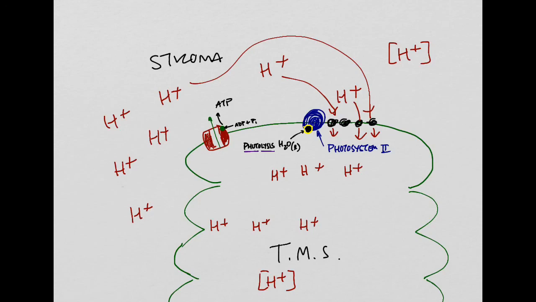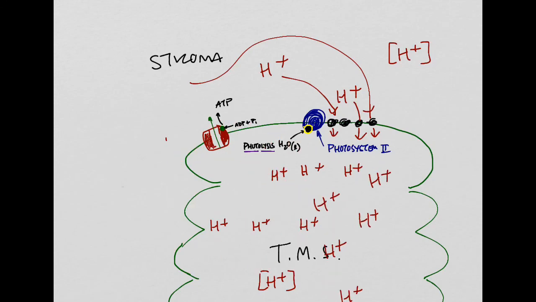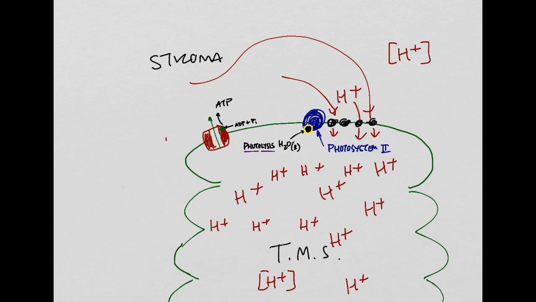So we take all the protons that were hanging out here in this area, and we move them back right into here as a result of the action of that electron transport system. So that electron transport system resets the proton gradient, which then will allow us to continuously use ATP synthase to make ATP.